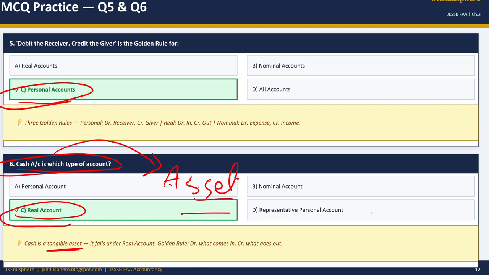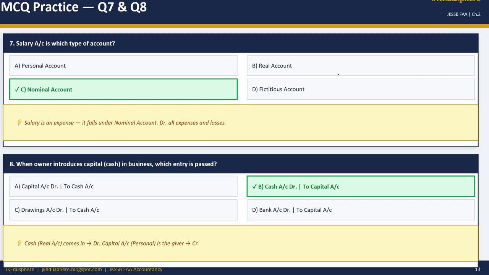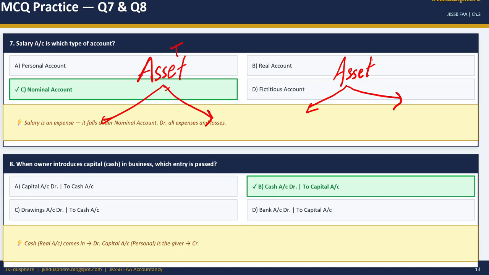Tangible asset. Let's see one more thing over here, which is asset types. There are two types of asset based on tangibility.